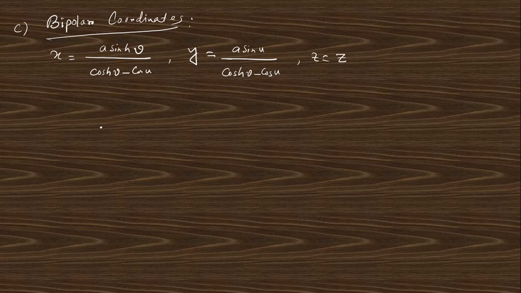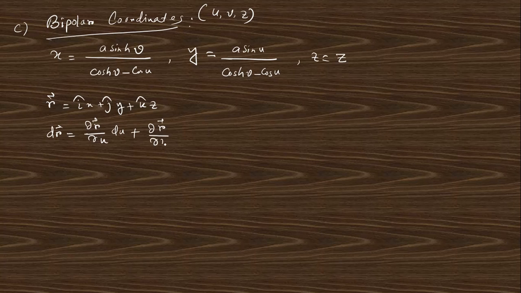Okay, this is the transformation, and just by this you can write i cap x plus j cap y plus k cap z, and then you can write the dr vector, which is nothing but del r by del u du, del r by del v dv, and del r by del z dz.